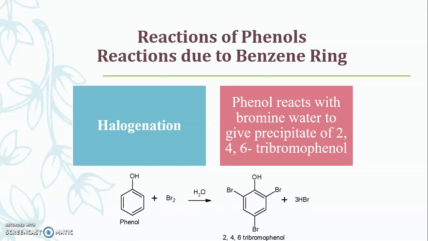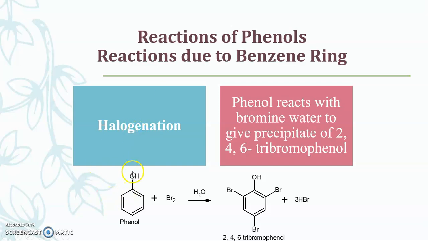Means in this reaction you can see the halogen that we have utilized, that is the bromine, is attached at three different positions. These positions are the ortho positions and the para position. Now if we compare the reactivity of phenol with benzene, we know phenol is more reactive. Why?